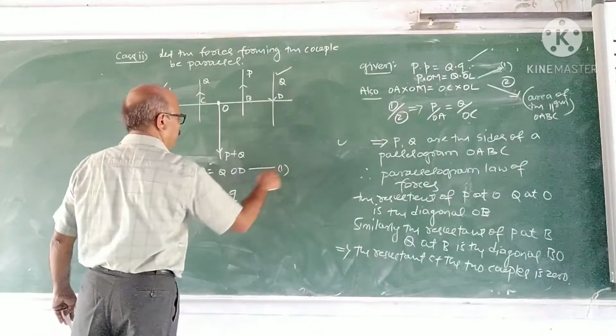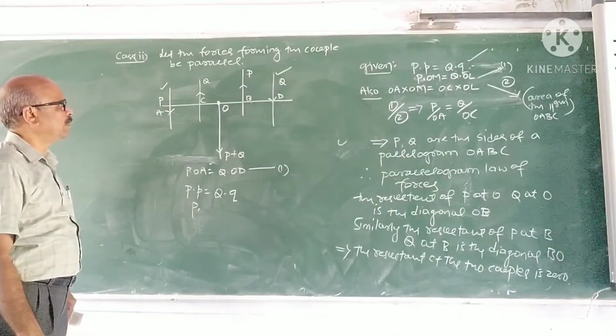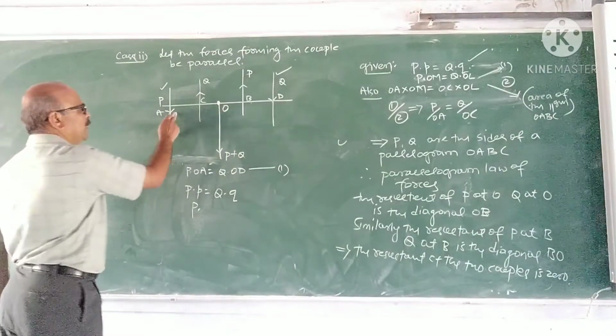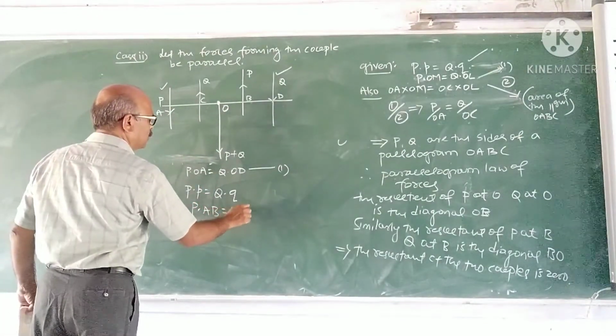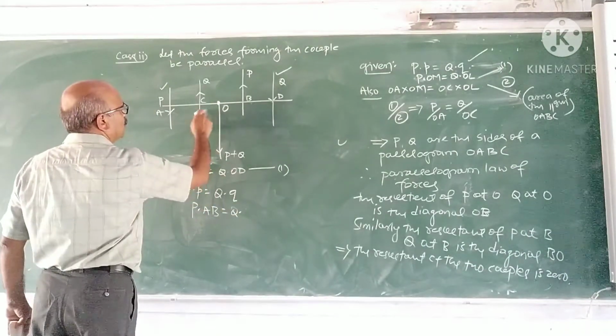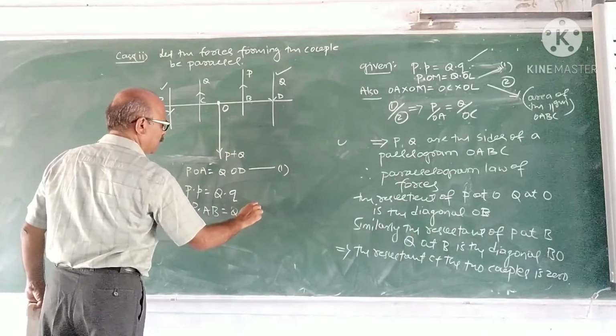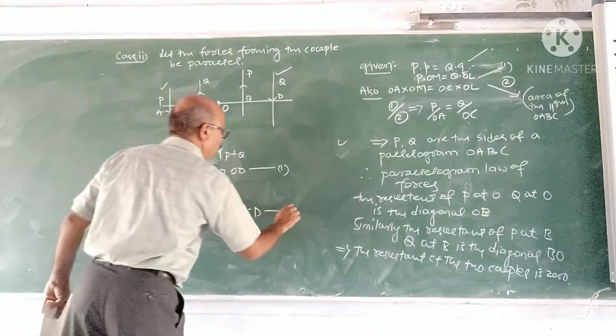Take this as 1. P into what is small p? Small p is AB. AB is equal to Q into what is small q? Small q is CD. Am I correct here? CD. Take this as 2.